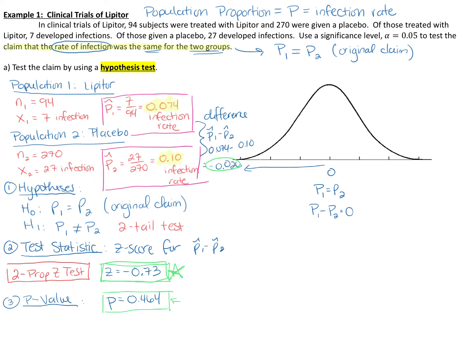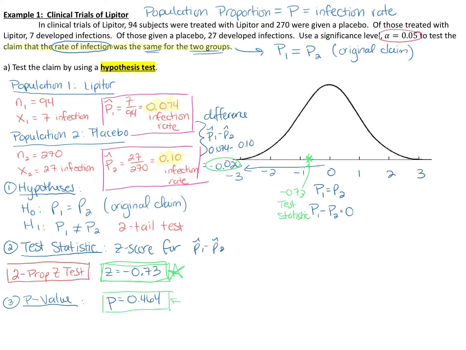So where exactly do I plot it? I need to put some more numbers on this number line. This is 1, 2, and 3 standard deviations above the mean, and -1, -2, -3 standard deviations below the mean. Then we can see here that negative 0.73, which is our test statistic, lies right there. But I need more information here. You have to ask yourself, what does that mean? So it goes back to your significance level.